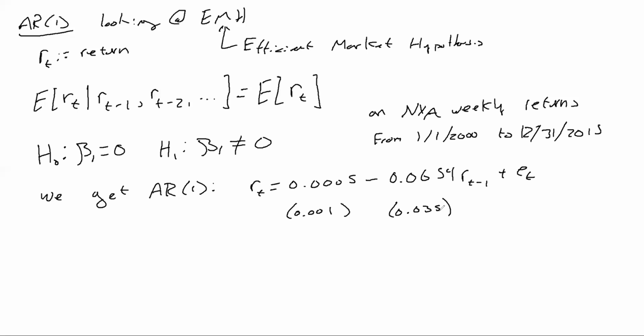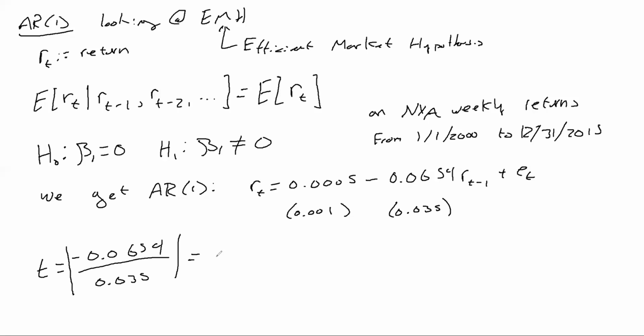In order to test this, we want to know: is this coefficient statistically significant, that is, not equal to 0? For this, we can do a t-test. We divide the coefficient, negative 0.0654, by the standard error, 0.035, and take the absolute value because it's a two-tailed test.